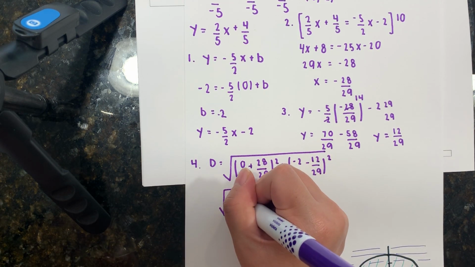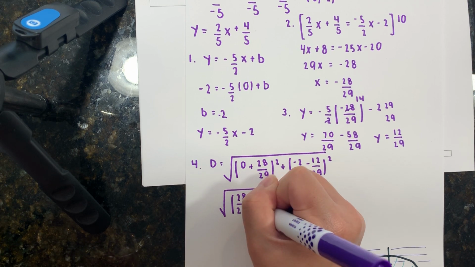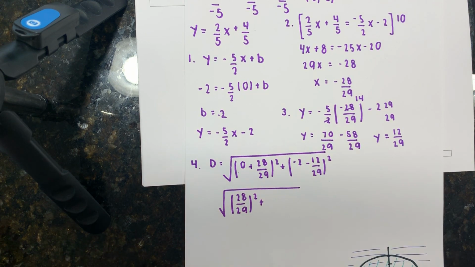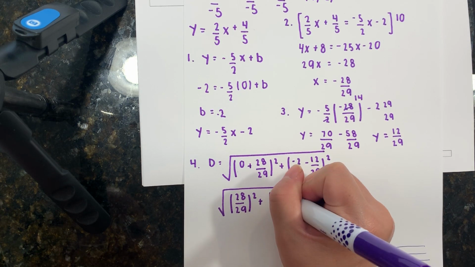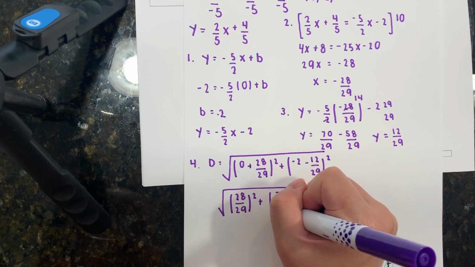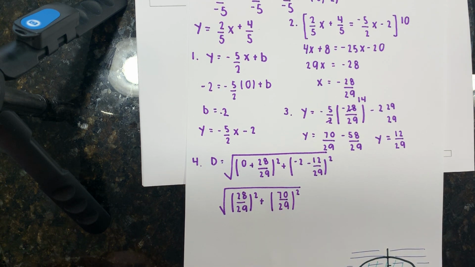This just becomes 28 over 29 squared. I'm going to have 29 times 2 plus 12, it's going to be 70 over 29. I'm going to square that.